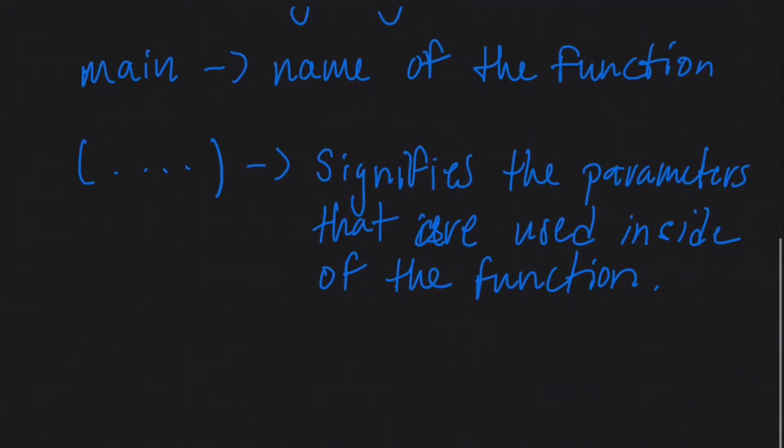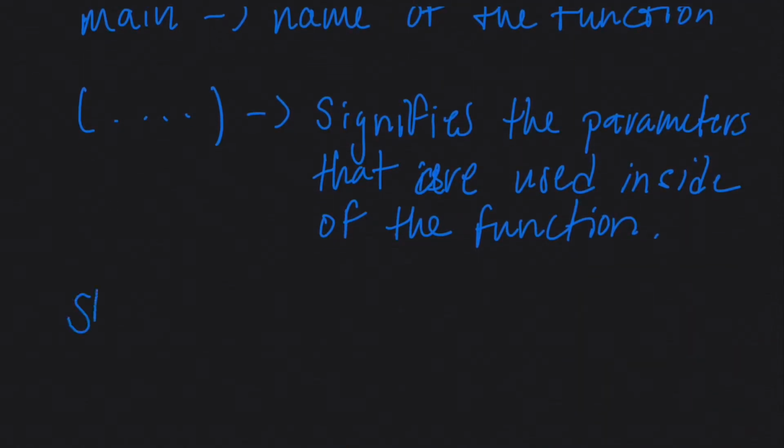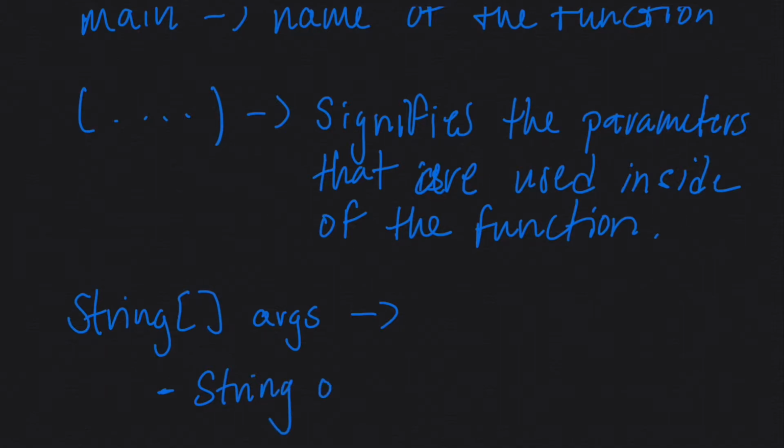Okay, so inside of those parentheses we have a string args. So string in this case is an object that represents a sequence of characters.